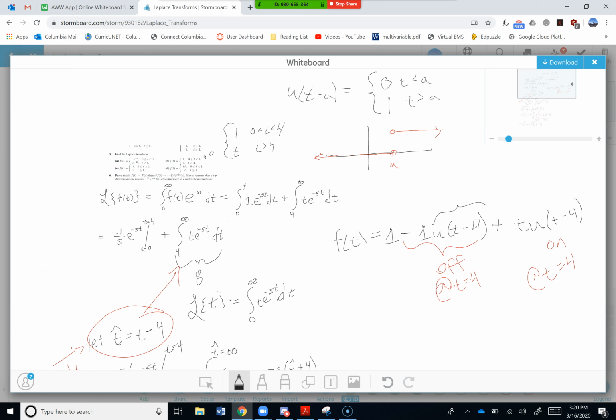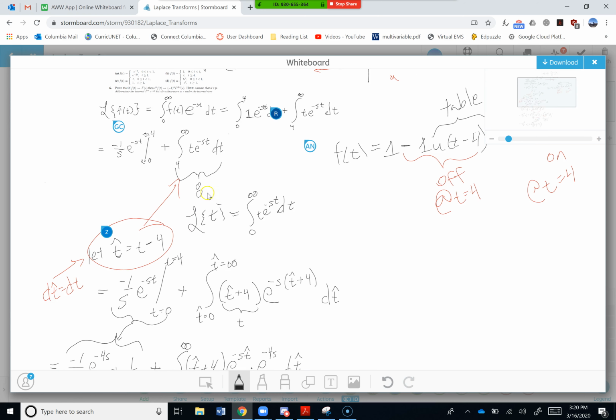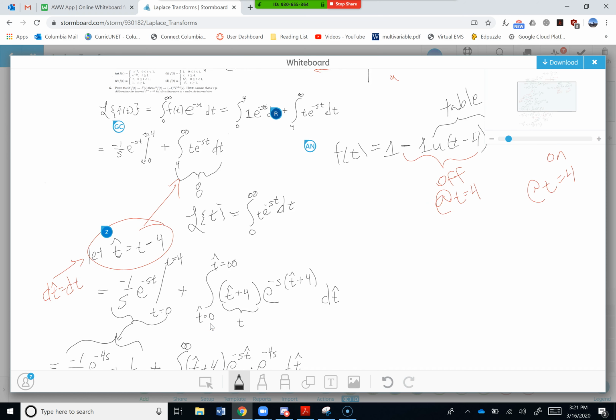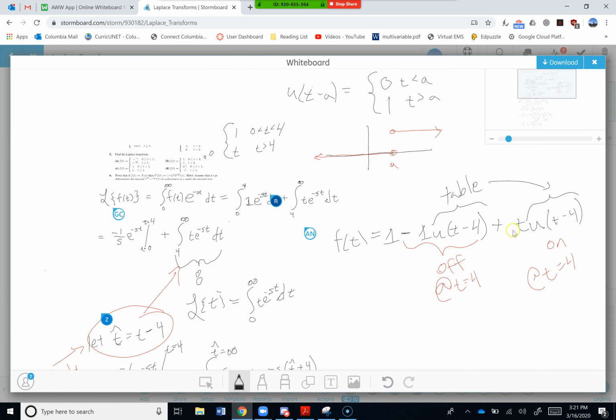I haven't taught it to you guys yet, and I'm not going to go through the process just yet. I've got some videos for Laplace transforming these, but these are things you can look up in the table. So this is an alternate method. You can either go through the practice of breaking this thing up into its pieces and dealing with the switching things around, or you can look in the table for these unit step functions, which is, by the way, what this thing is called.